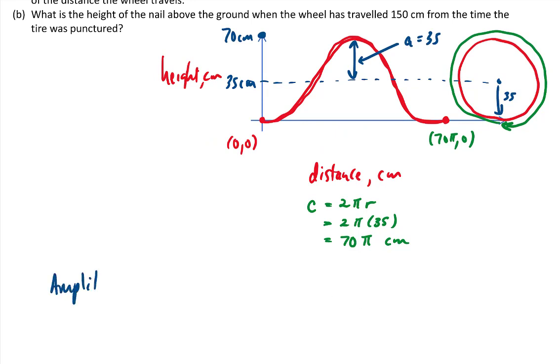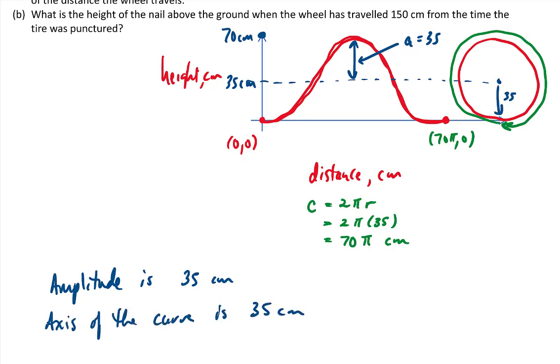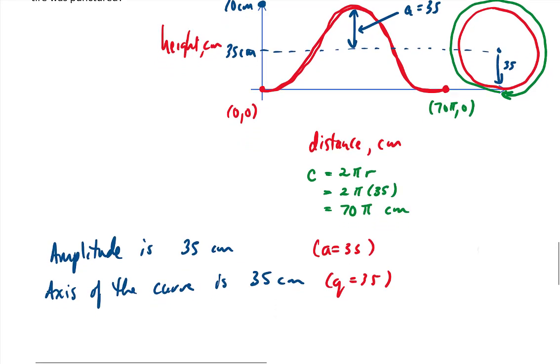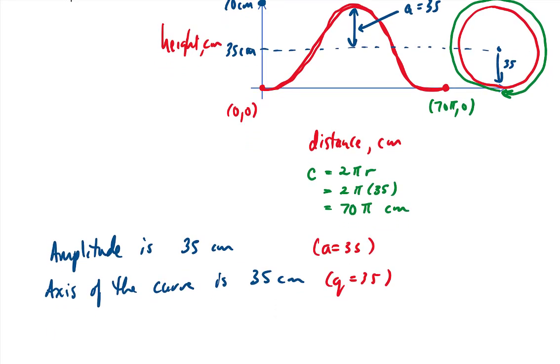So let's start with the amplitude. The amplitude in this question, we already know, is 35 centimeters. The axis of the curve is also 35 centimeters. So that tells us that our A value is 35 and our Q value is 35. Next up is the period.